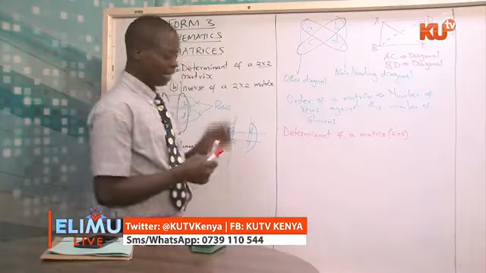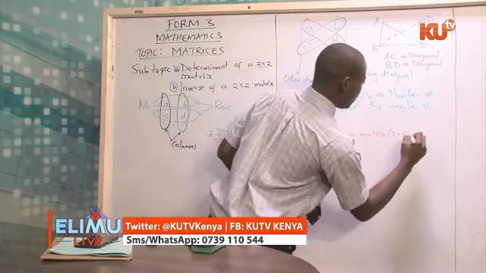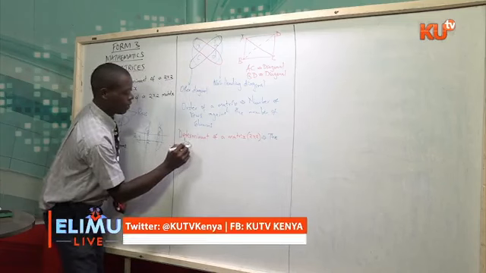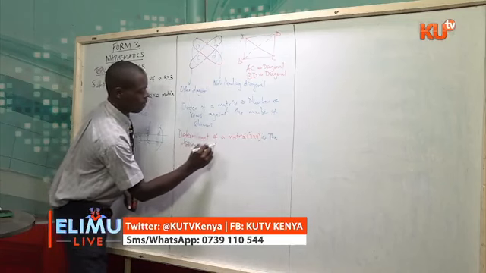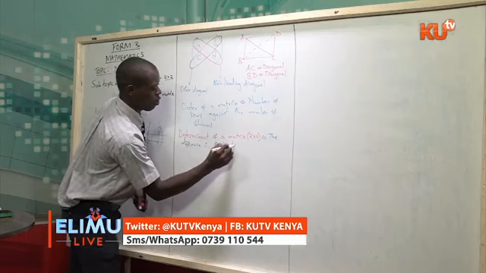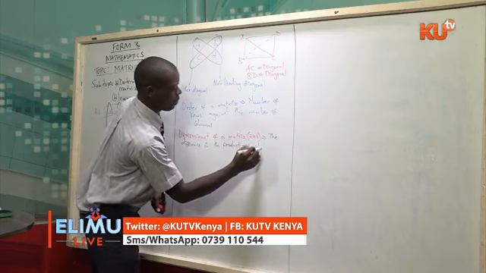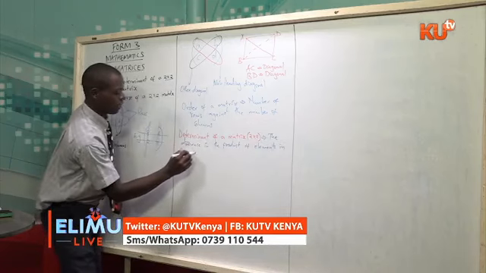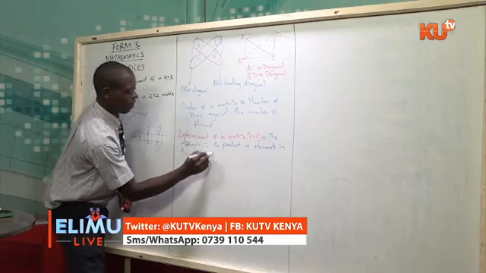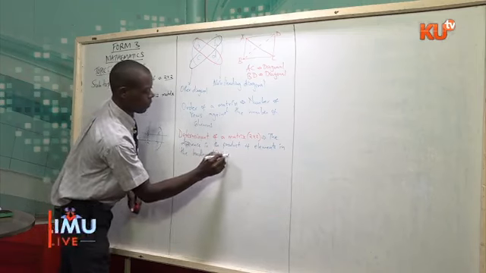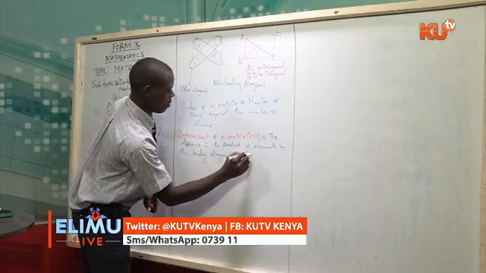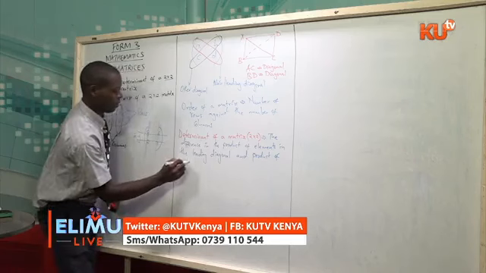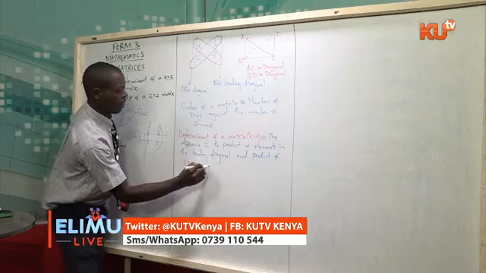Yes, the determinant is simply the difference in the product of elements in the leading diagonal and the product of elements in the other diagonal.